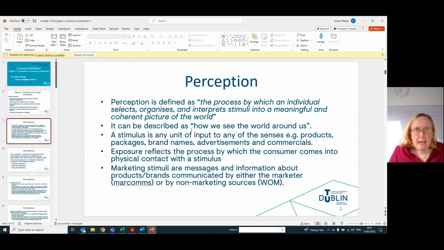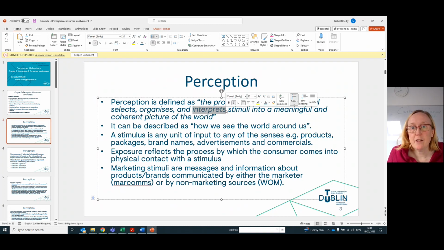So to get on the same page with definitions, perception is defined as the process by which an individual selects, organizes, and interprets stimuli to form a meaningful and coherent picture of the world. So it's on an individual basis, how they interact with the world. It can be described as how we see the world around us.